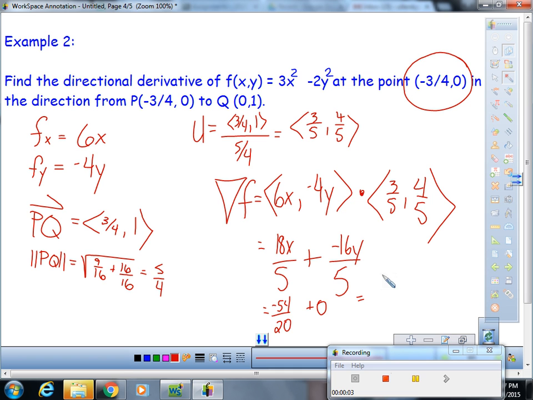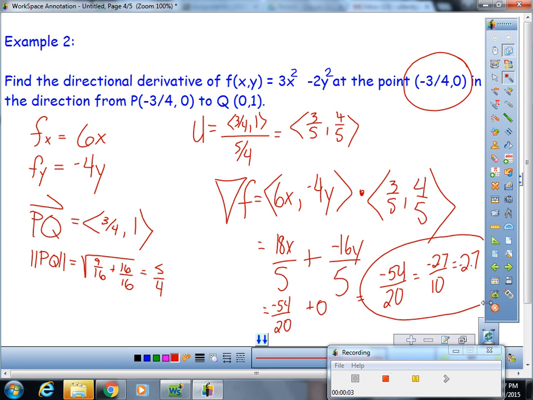So our answer is negative 54 over 20, or negative 27 over 10, or negative 2.7, whichever you want. Okay? So that is our slope at this point in this direction.